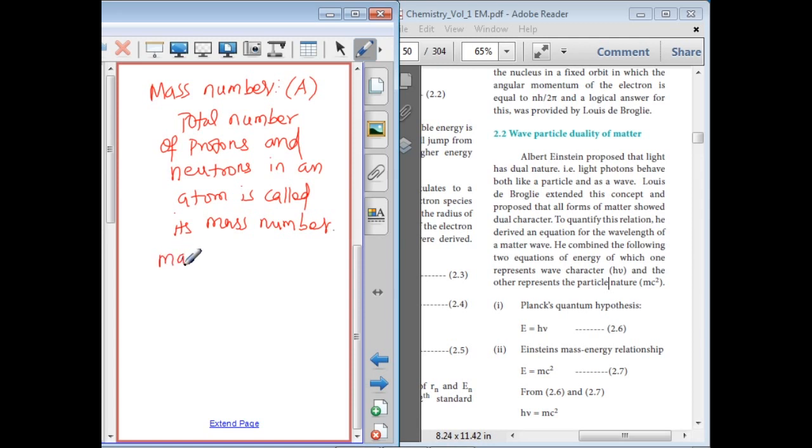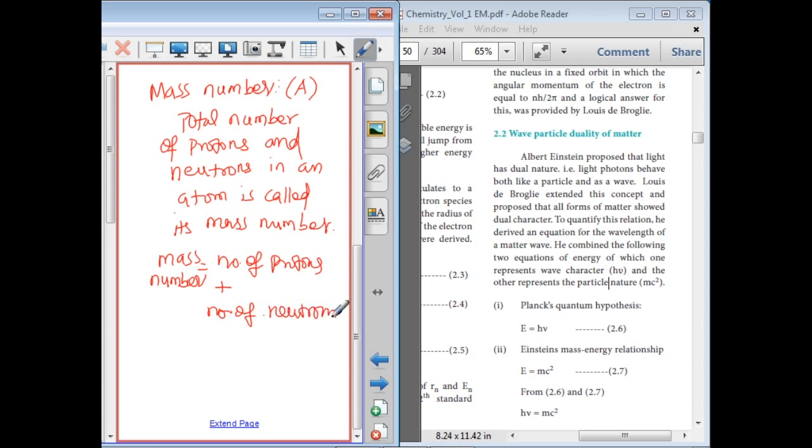Mass number equals the number of protons plus the number of neutrons.